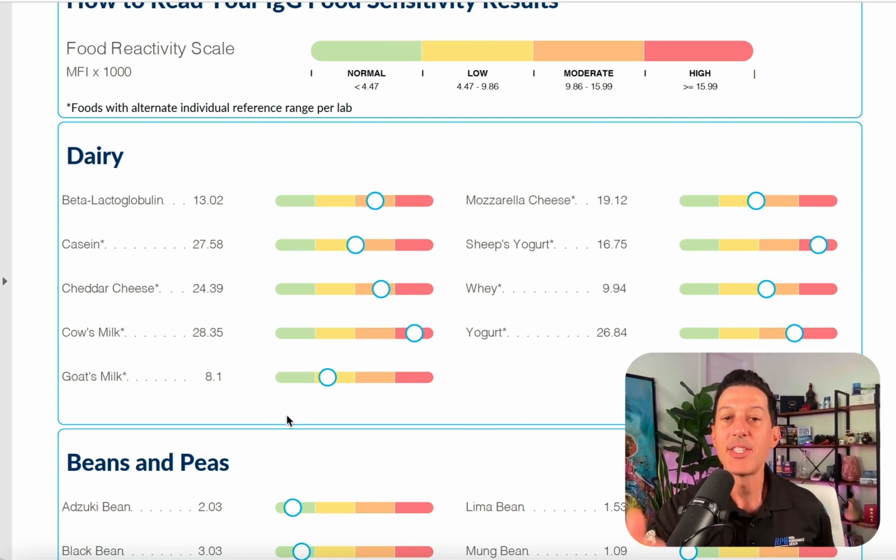does this person have dairy sensitivities? You can look at it from a very broad lens at first. That's what I do. I look at categories and I say, okay, this person is showing up in the yellow, orange, or red under all dairy-based foods. That means this person is very sensitive to dairy, because many people show up sensitive to cow's milk.